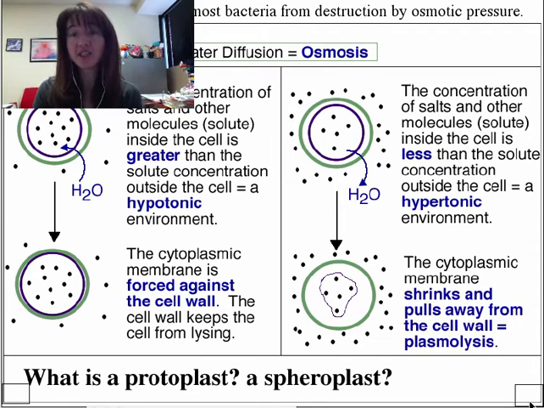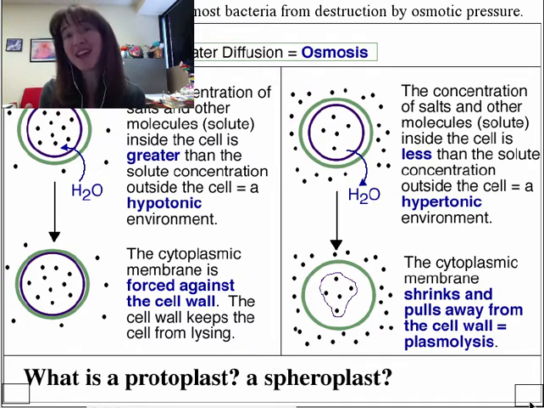As the water rushes out, the cell membrane shrinks and pulls away from the cell wall. The rough thing about a hypertonic environment for a cell is that cells don't have any protection against plasmolysis. In fact, in a very hypertonic environment, they die.